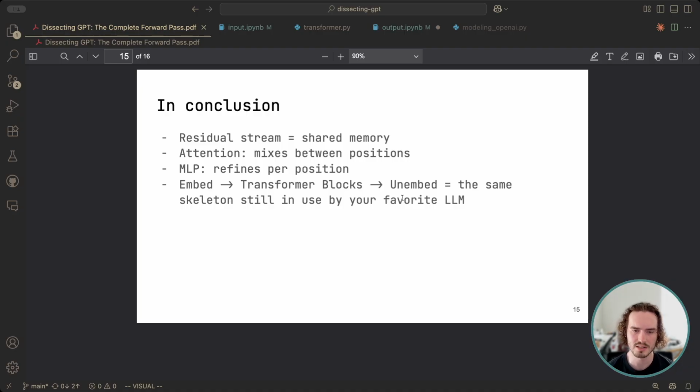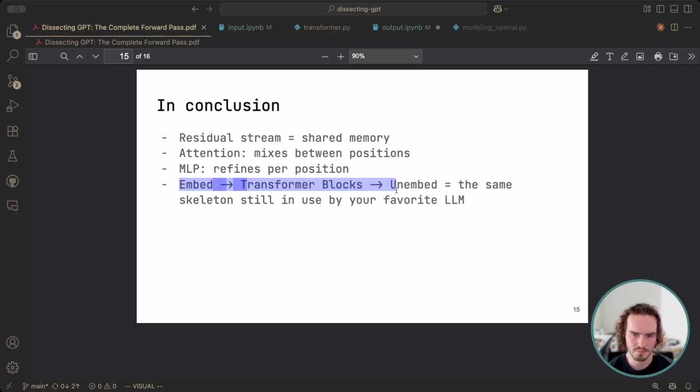Apple means different things in those contexts, and attention is a mechanism that allows us to learn how to contextualize in that way. And then our multi-layer perceptron is going to do that per position refinement. And that is the GPT model. That really is the core of the thing.